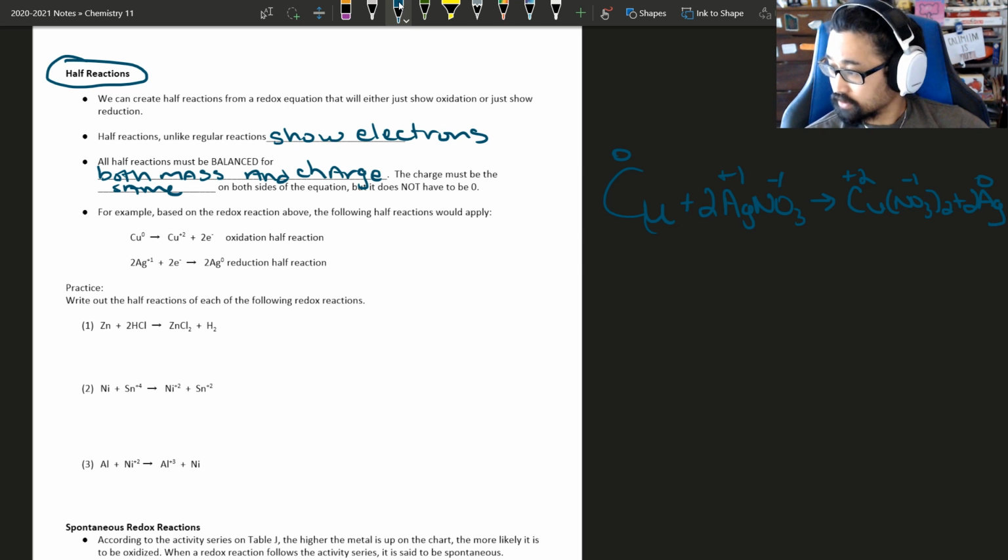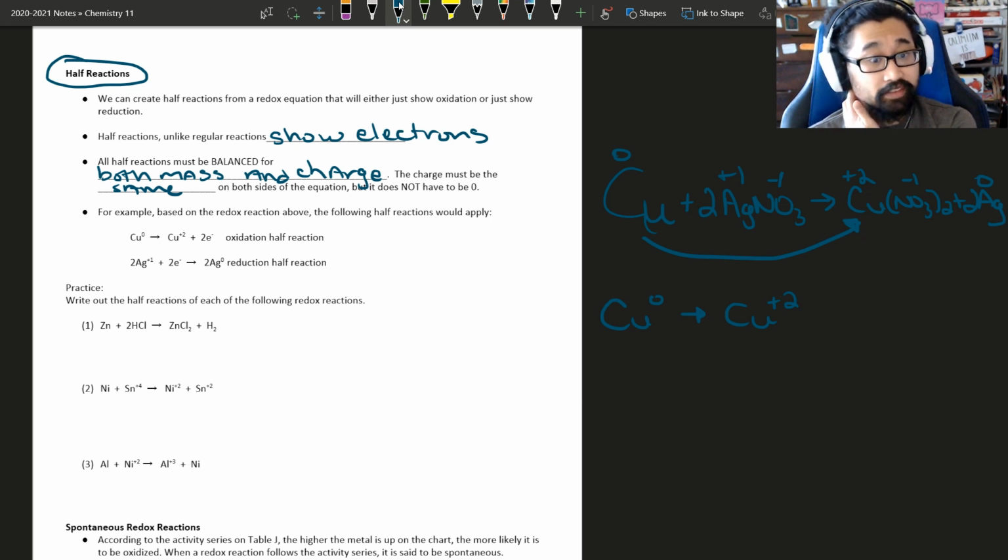So if you look, this copper goes from copper to copper plus 2. So copper 0 turns into copper with a plus 2 charge. Right. This is not balanced for charge. It's balanced for mass. I have 1 copper and 1 copper. But it's not balanced for charge.